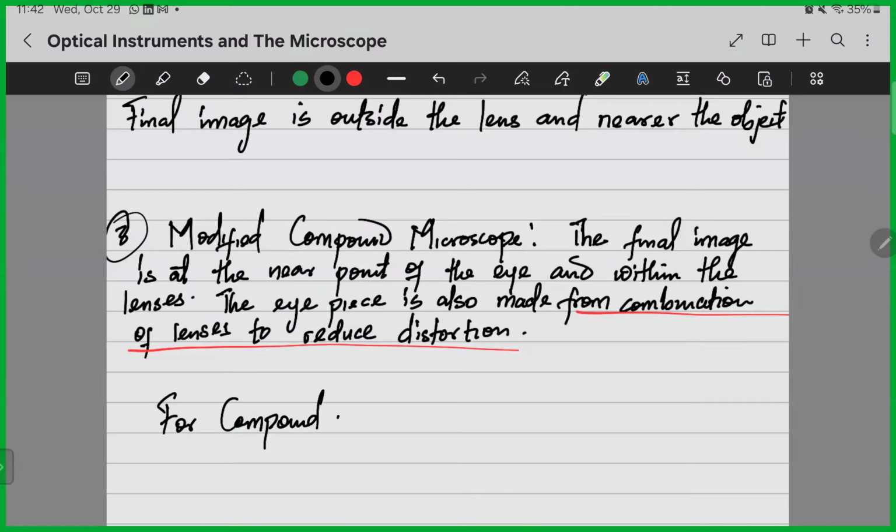So the combined magnification is equal to the magnification of the eyepiece lens and the magnification of the objective. We can always get that by doing image distance over object distance.